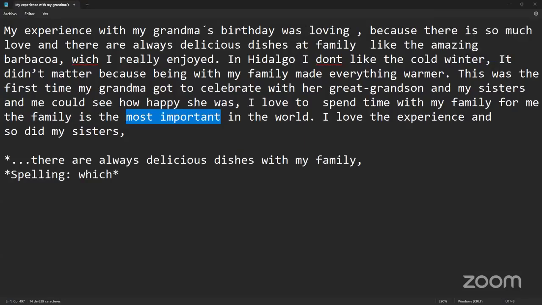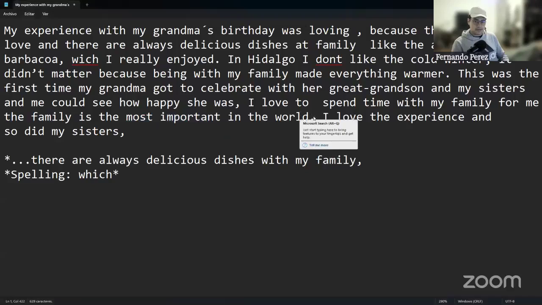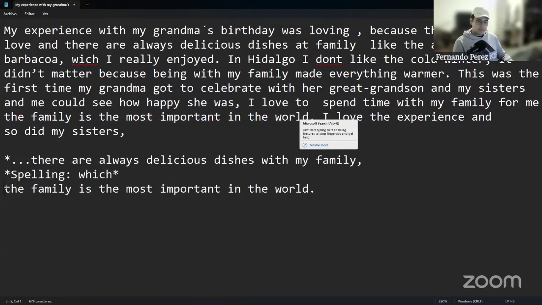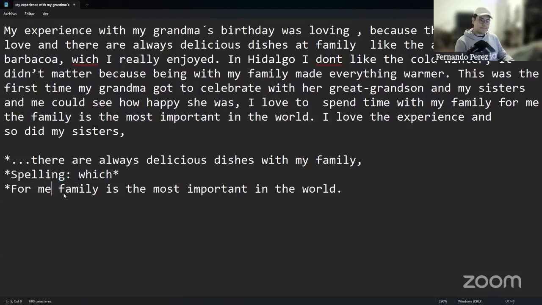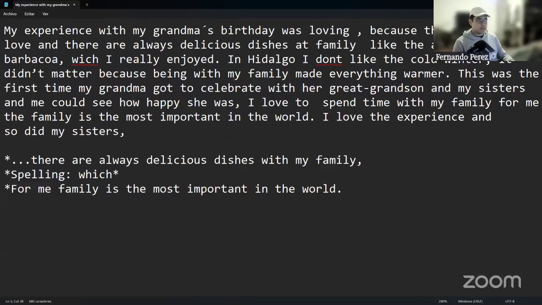The most important thing. And other thing, for me, eliminate that. For me, family is the most important thing in the world.